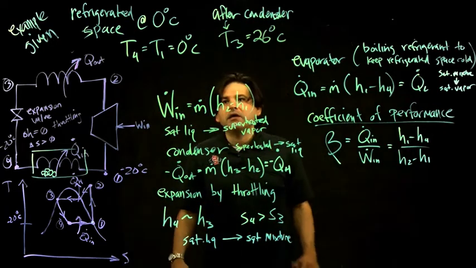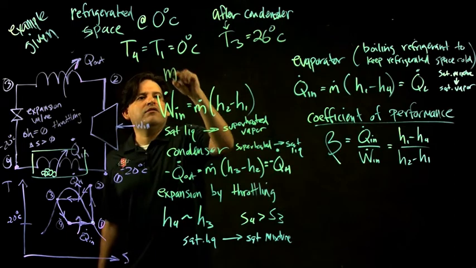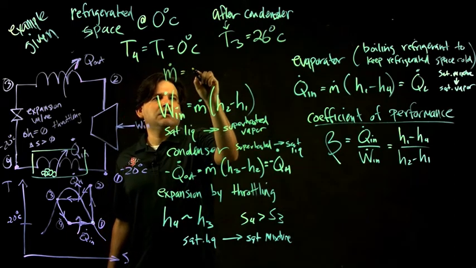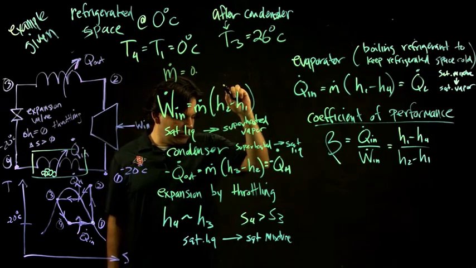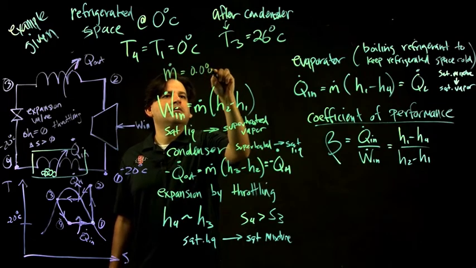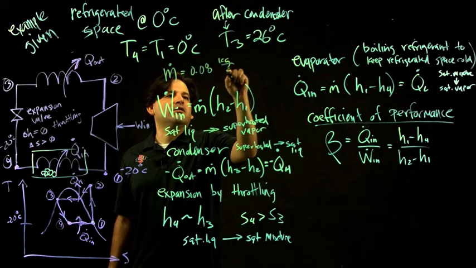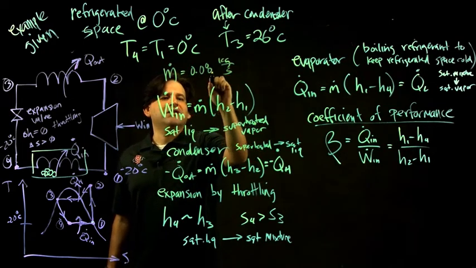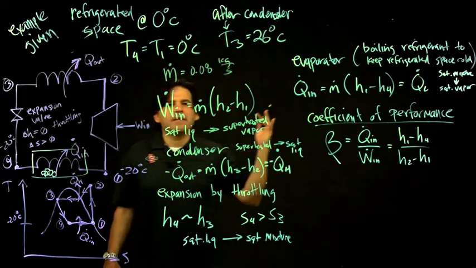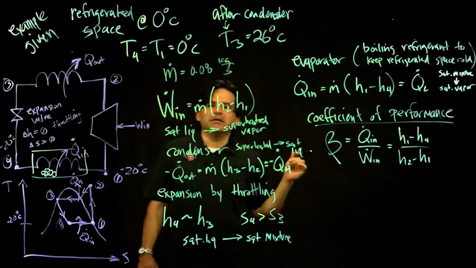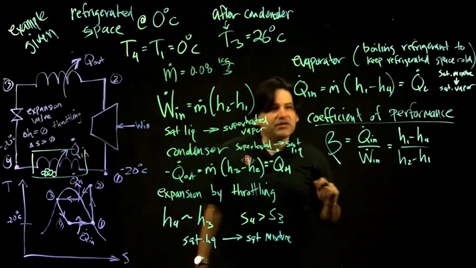And you're also given the flow rate of the refrigerant, which is constant. It doesn't leak out. It's a closed system. A typical flow rate of this refrigerant is 80 grams per second.